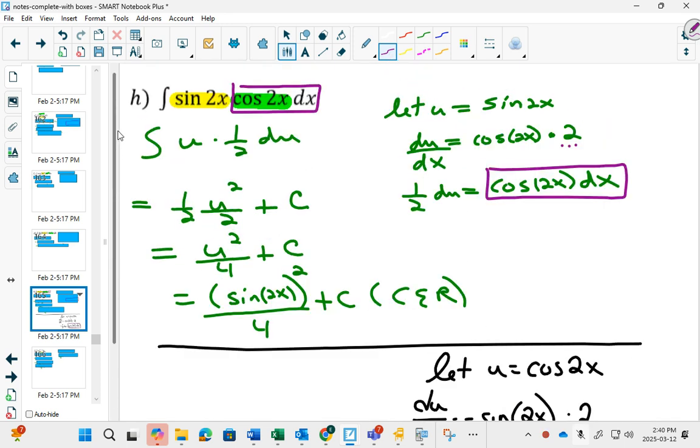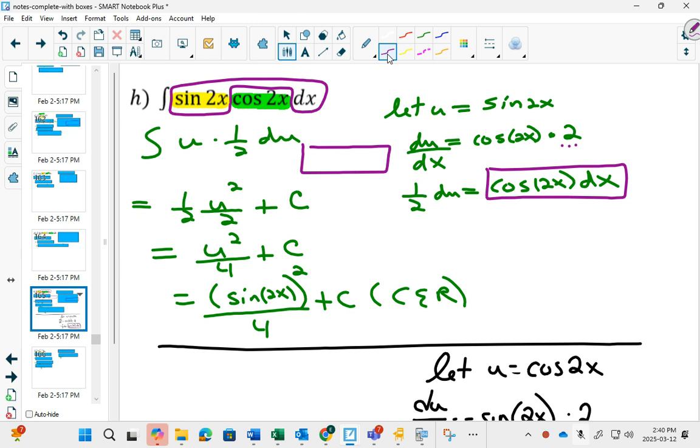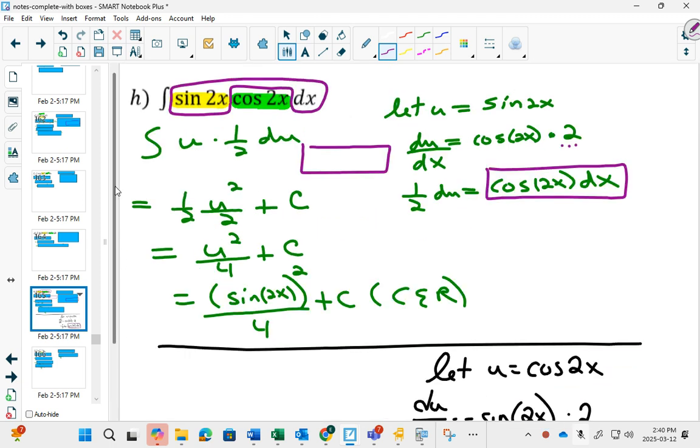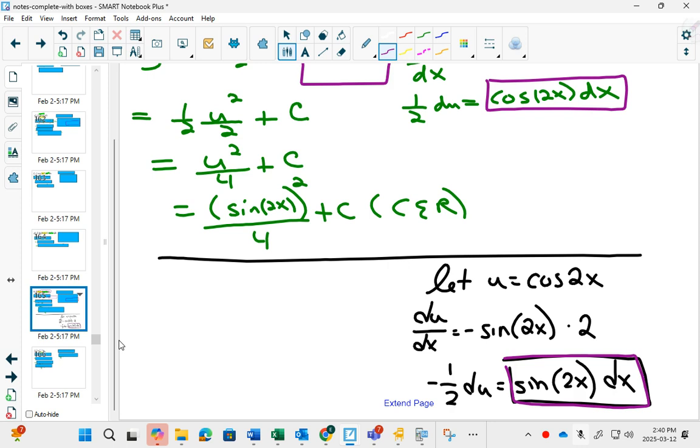As far as going back to our original, now this purple box is going away, and that would get replaced with negative 1/2 du. And the cos 2x gets replaced with u. So I have the integral of u times negative 1/2 du.